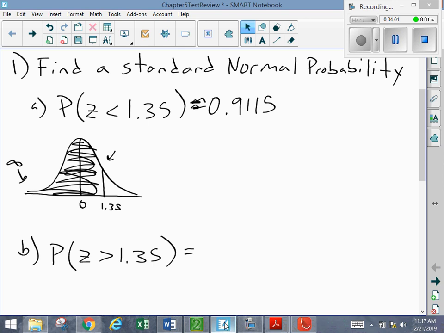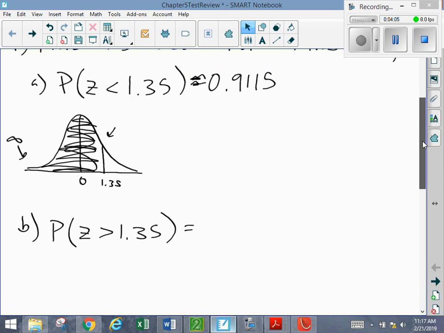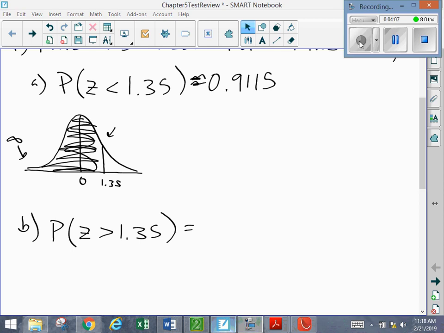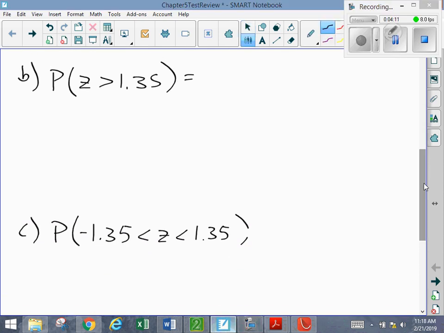Let's do another one. Now we'll do this one. Probability that Z is greater than 1.35. So my picture looks like this.